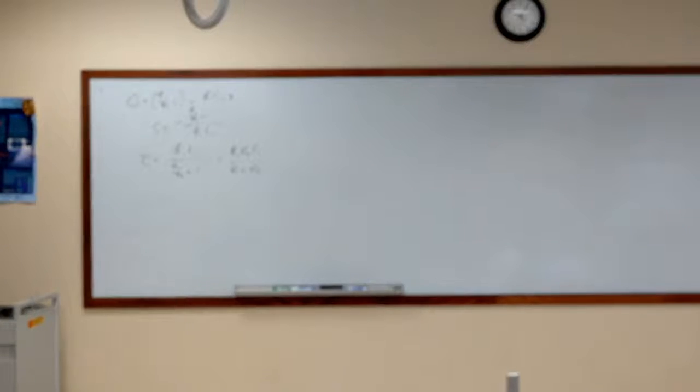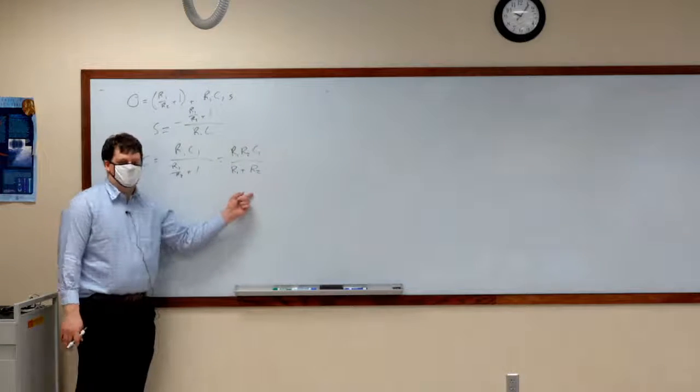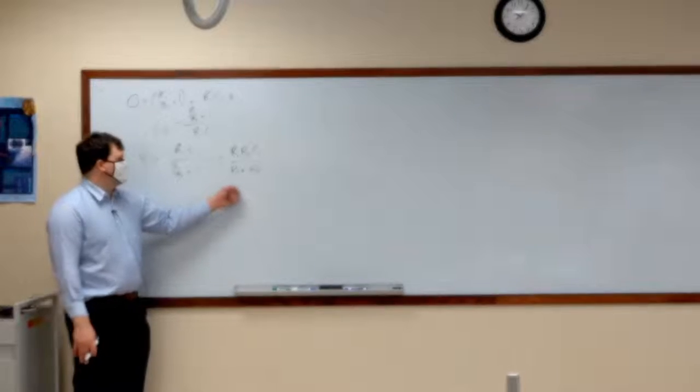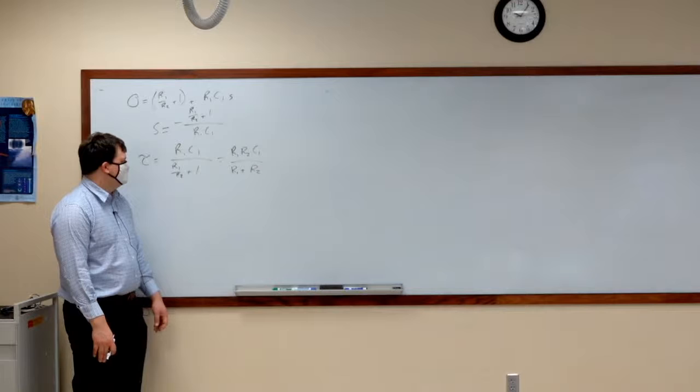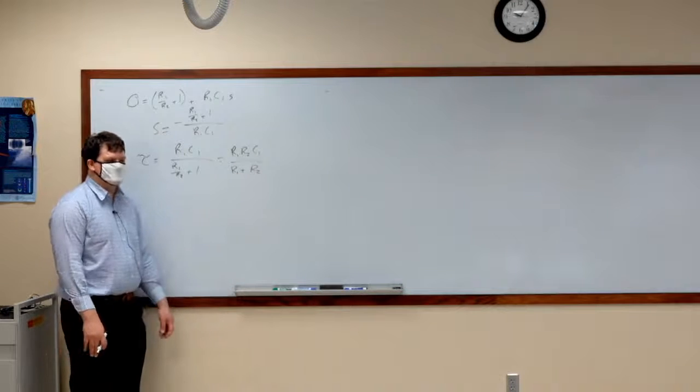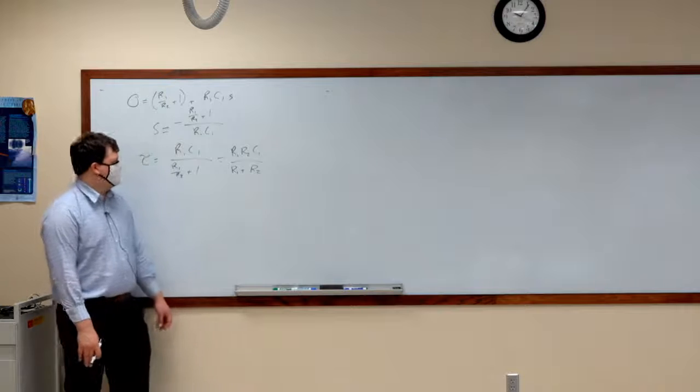Samesies, just a little cleaner. Here, if you remember correctly, if we want this thing to take longer, we increase the value of tau. To increase the value of tau, if you increase the capacitance, that's good. But you've got this issue where you have R1 and R2 on the bottom.